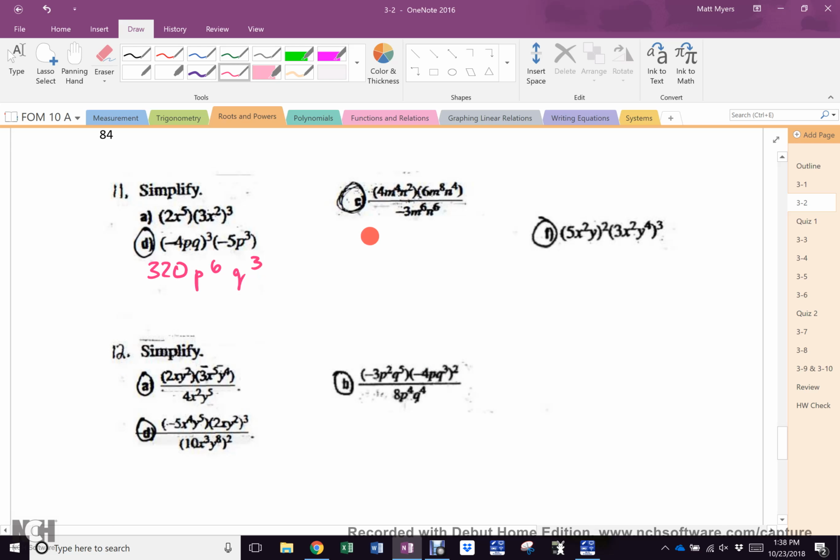C is -8 M6, N squared. And this one is 675 x to the 10 y to the 14. Does anybody need any of them explained to them?